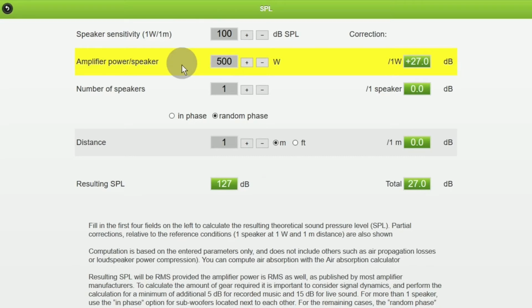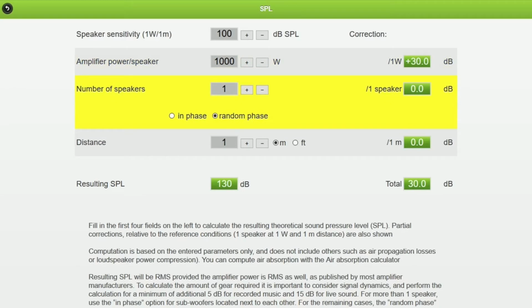These days, a lot of manufacturers use peak power, which is twice as much, or a power specification based on sine wave bursts, and that's a power that cannot be maintained continuously. Of course, doubling the power means adding 3 dB to the SPL. So when we go from 500 watts to 1000 watts, we go from 27 to 30 dB.